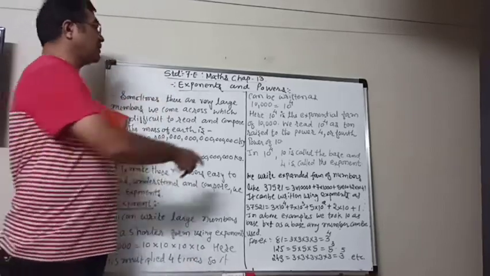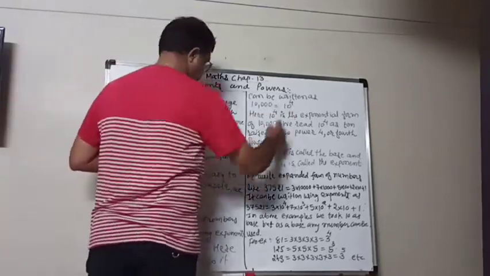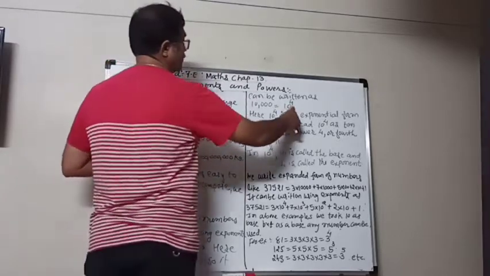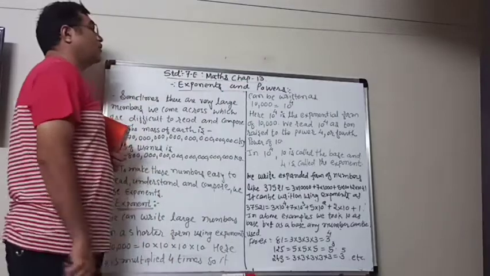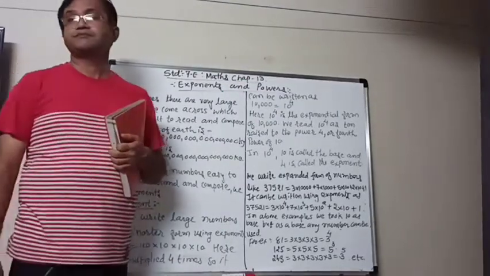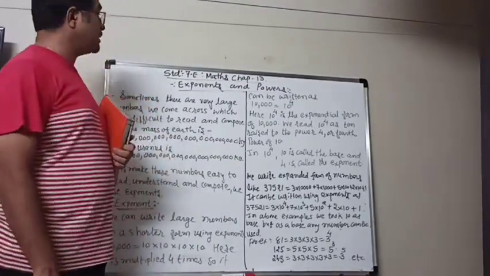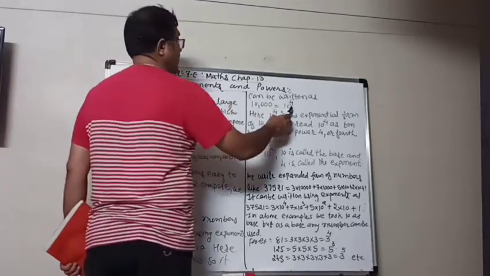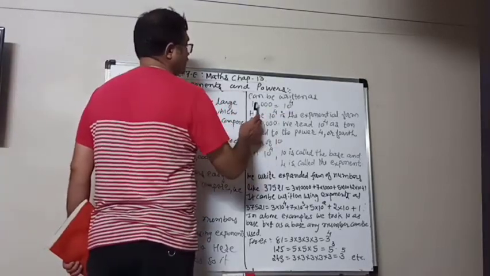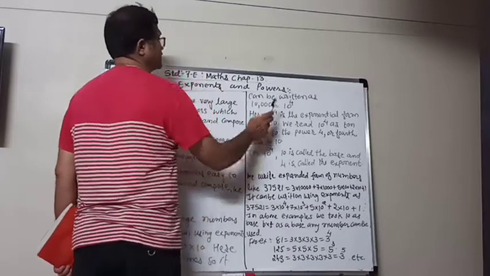So we write 10, and how many times is 10 there? 4 times. That 4 is written on the right side, a little up on that number. And here, 10 raised to 4 is the exponential form of 10,000.